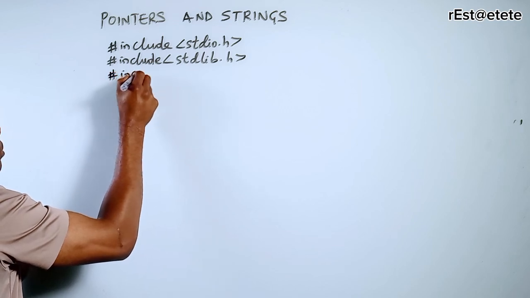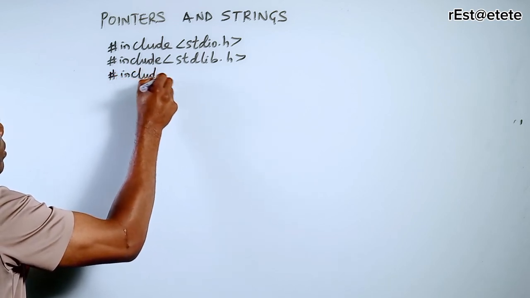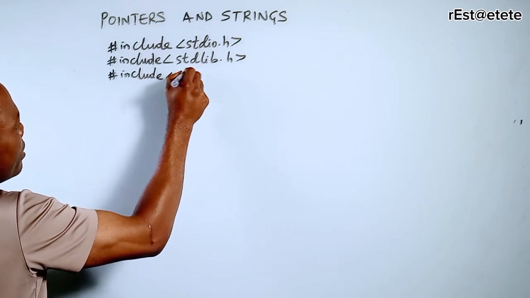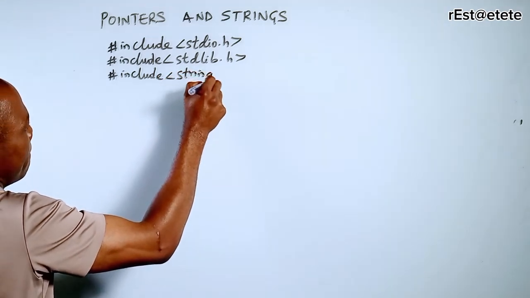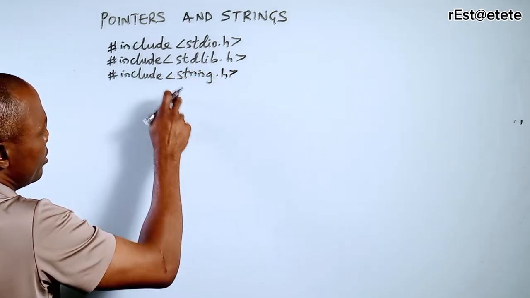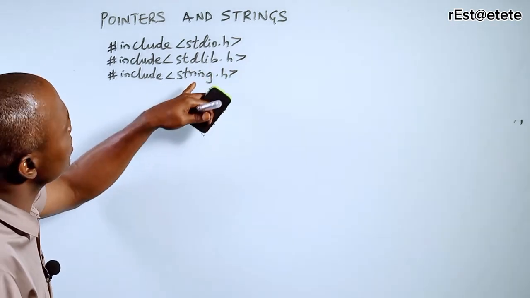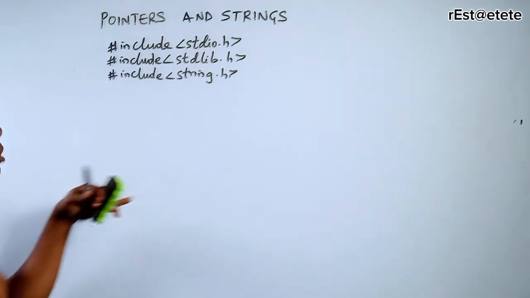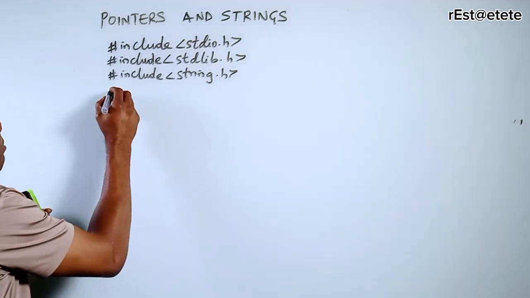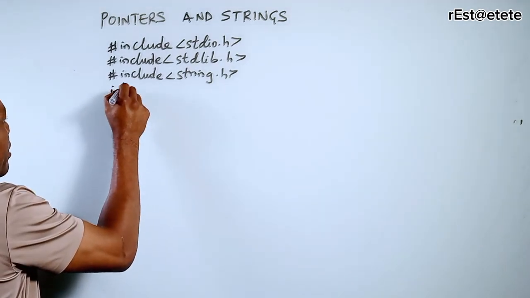This include string.h. There's another tool I need to get from this toolbox, right? I hope you can see, or I hope it's not too small. Now let's write my program. Int main.